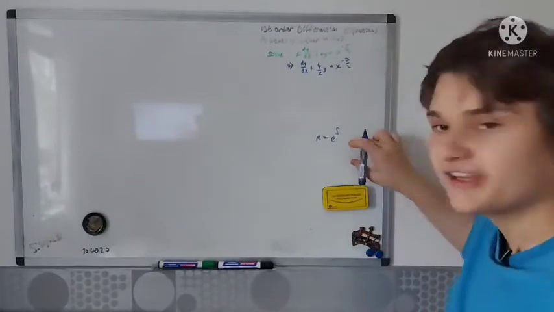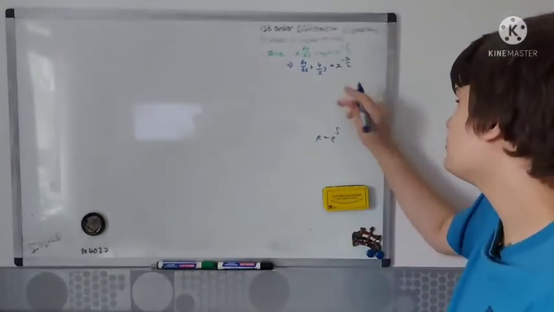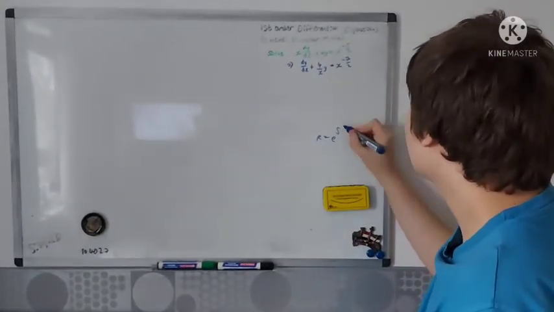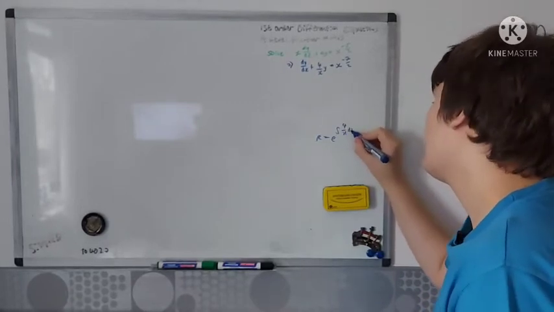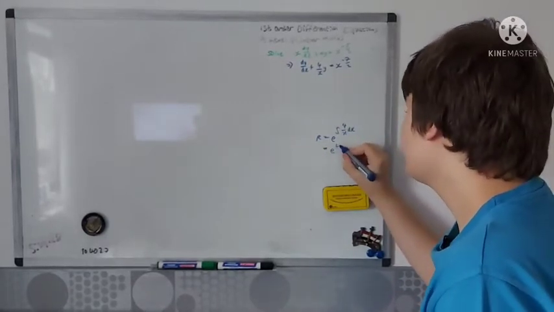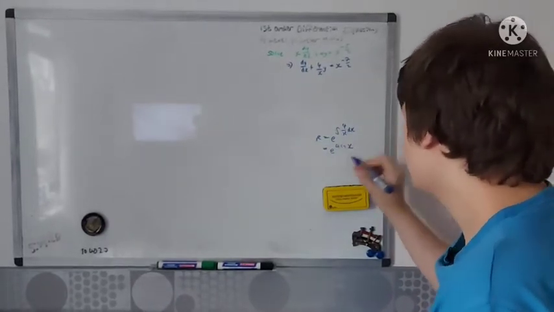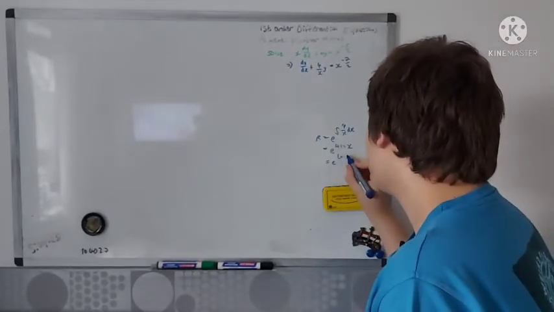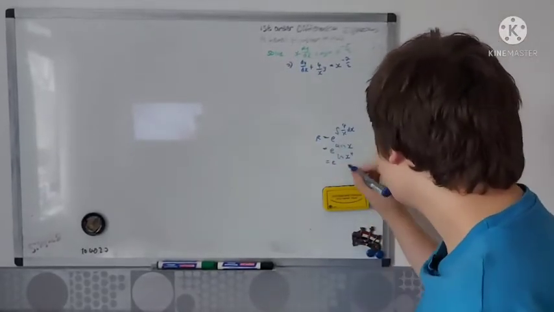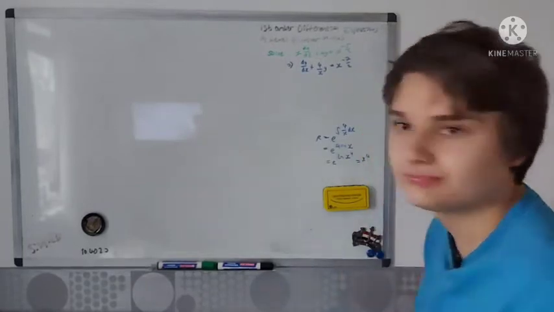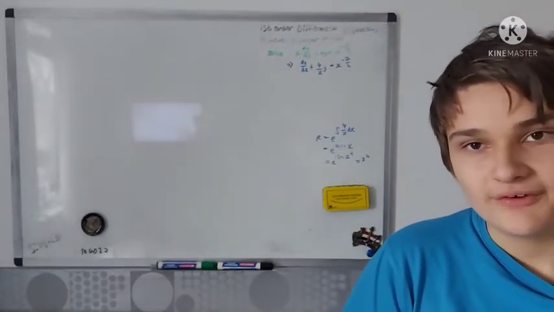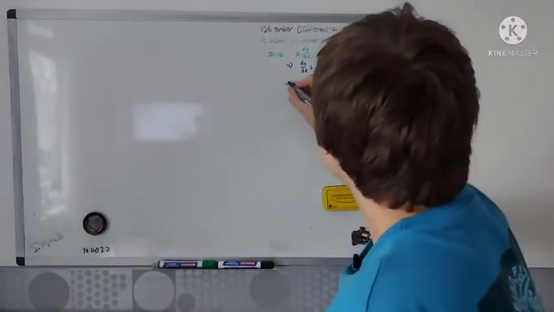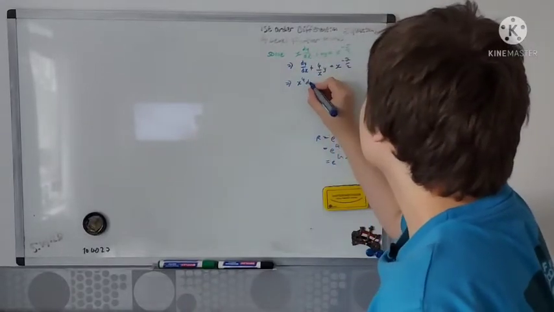Okay, so then I get e to the power of the integral, well p of x now is just 4 over x, because it's p of x times y, isn't it? 4 over x will give me e to the 4 log x. I can bring the power up to the top, so I get e to the log of x to the 4. E and log cancel out, x to the 4. Okay, and that's how quickly we can do these. Multiply through and now we get x to the 4 dy by dx.